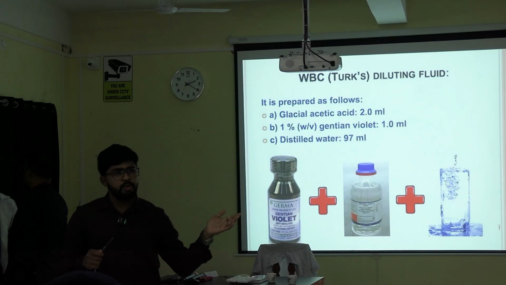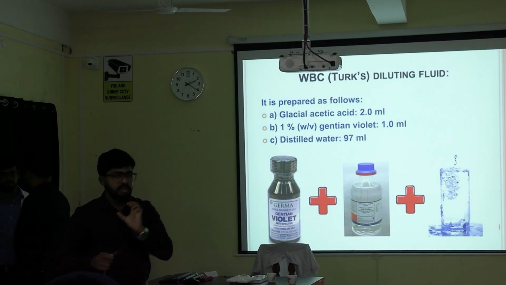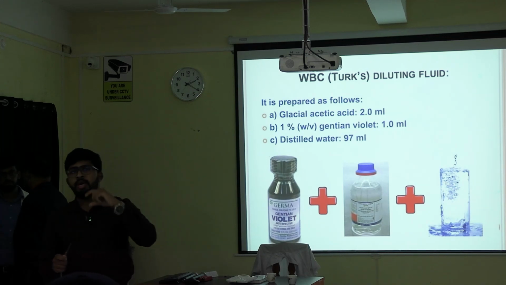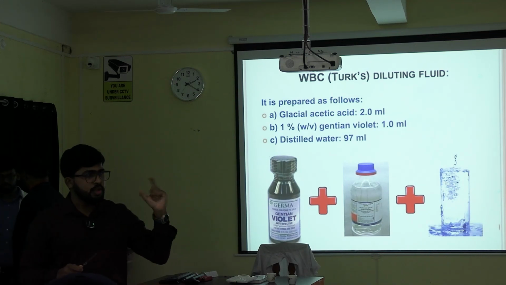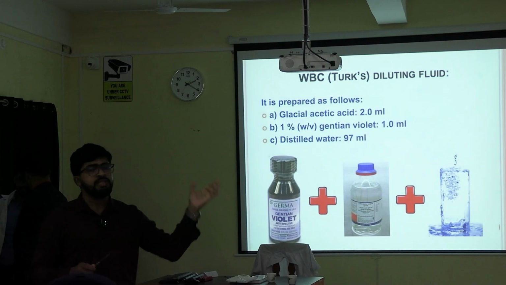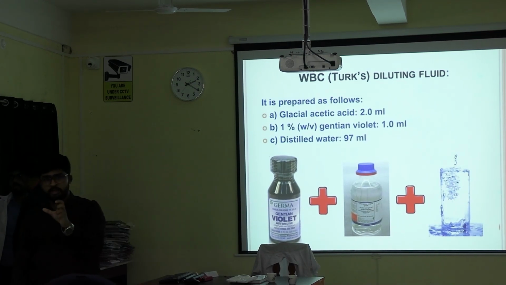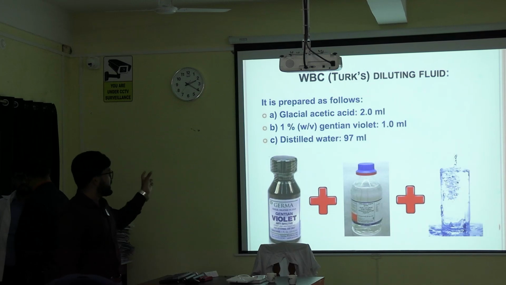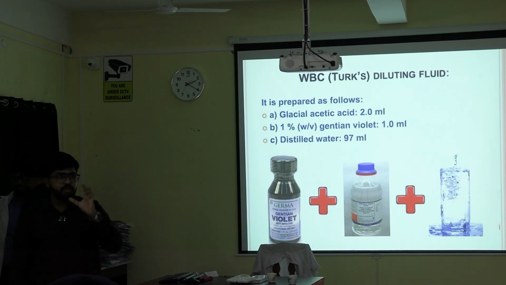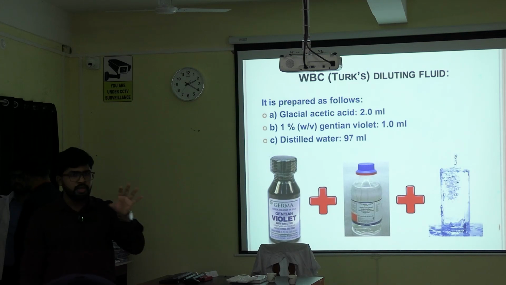The same way the WBC membrane can also get lysed, but what we are basically seeing is the nucleus of the WBCs. You know there is a nucleus in WBCs, okay? Now to see the nucleus of the WBC, we use gentian violet. This gentian violet basically stains the WBC nucleus, only the nucleus, not the whole cell.